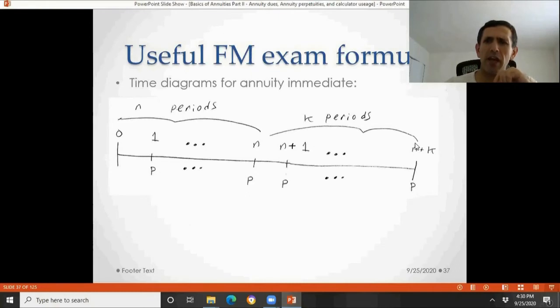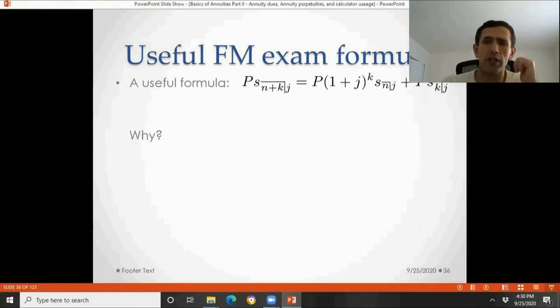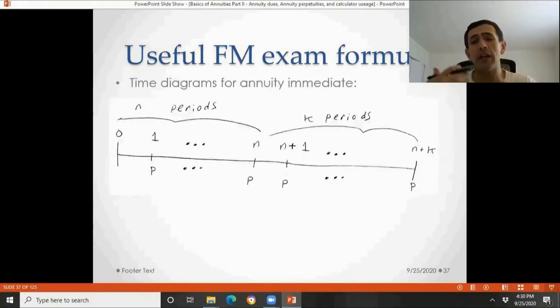So we have an n plus k period annuity immediate. We know the accumulated value of that. Just plug into the formula. It's P s_{n+k} at rate j. Well, let's find the accumulated value by breaking this up into two annuities and adding those together. And we've done that.